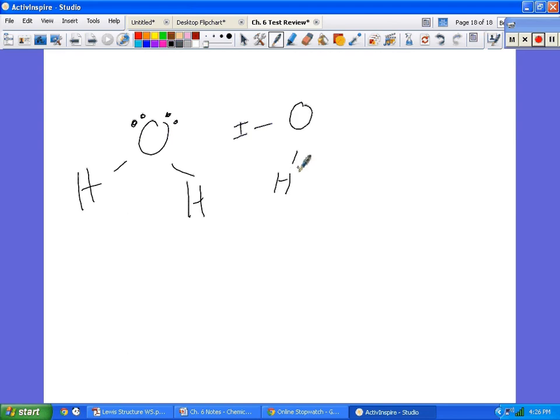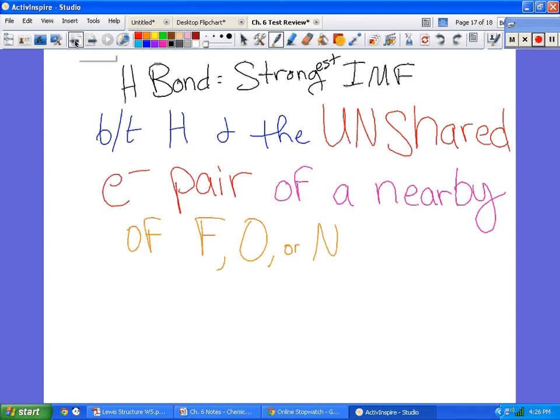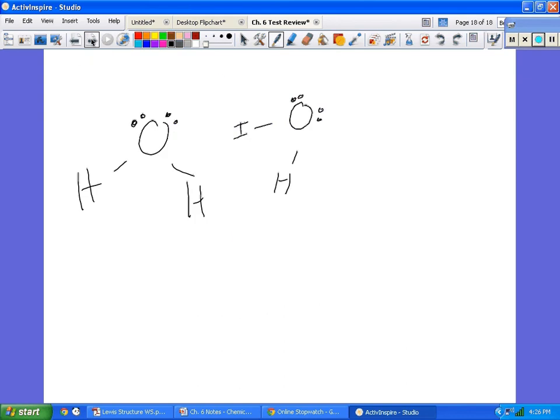First and foremost, let's go back and read the definition. Hydrogen bonding is a bond between the H and the unshared electron pair of a nearby... So if I look at this, of the nearby what? In this case, oxygen. Where are the unshared pairs on oxygen? There and there, right?